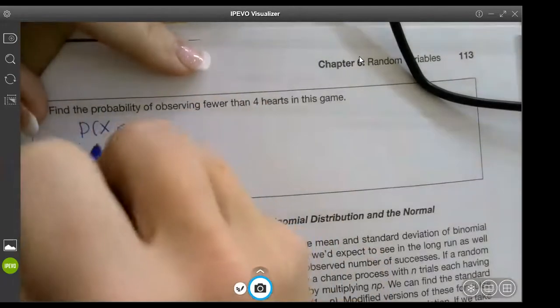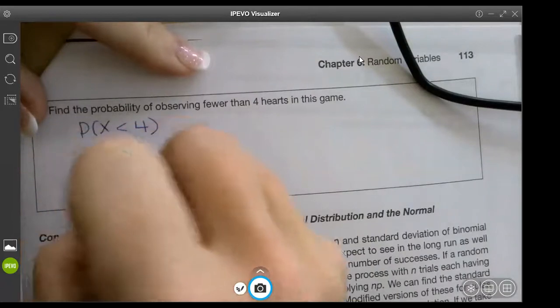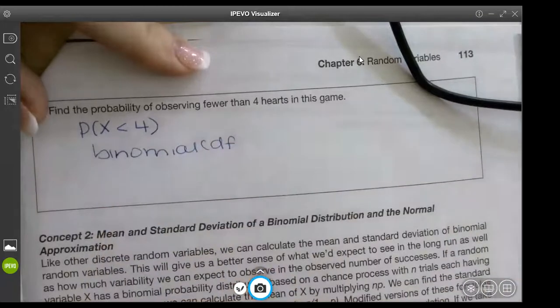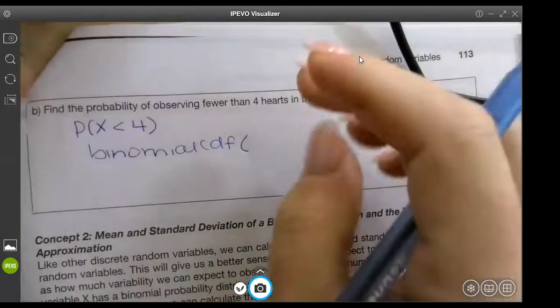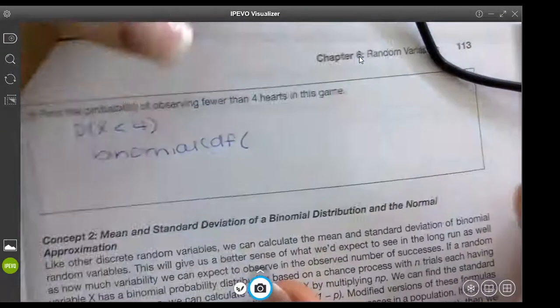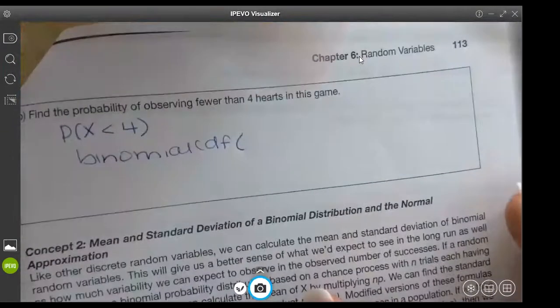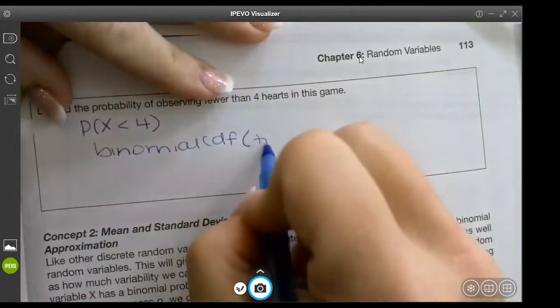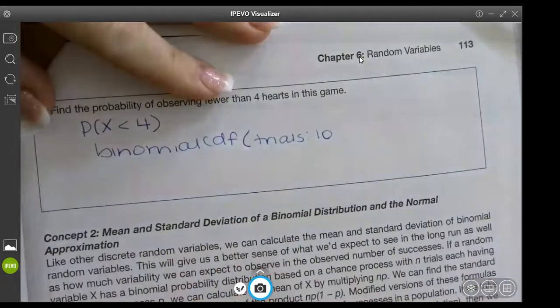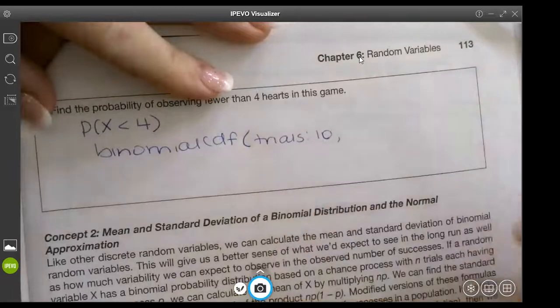All right, so how would you do this one? CDF. Okay. What am I going to put in? Your N. What comes next then?